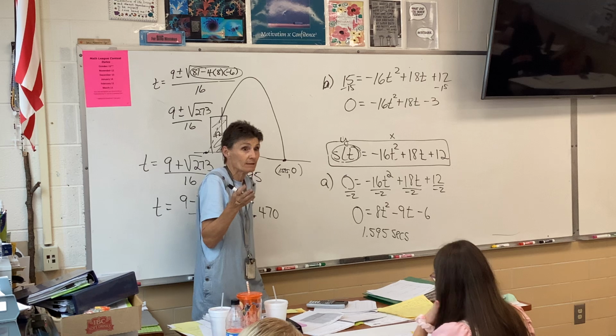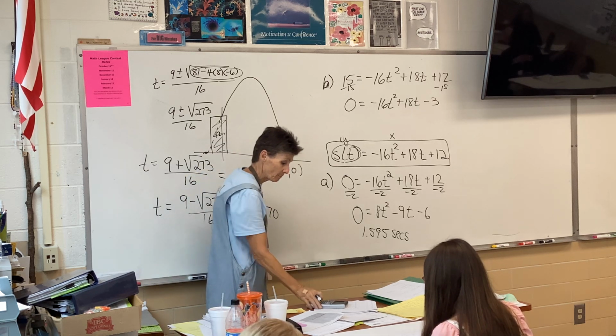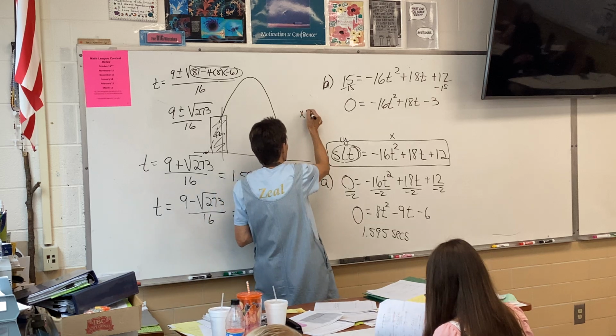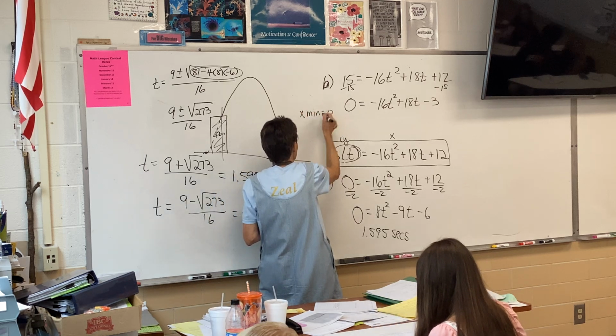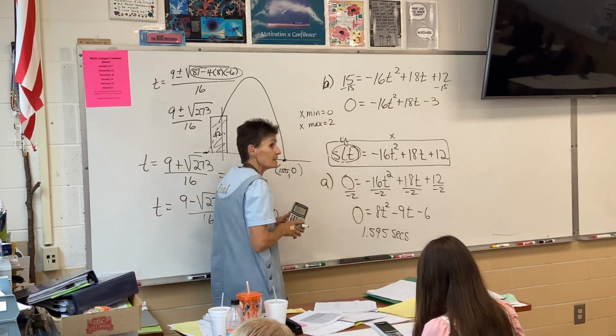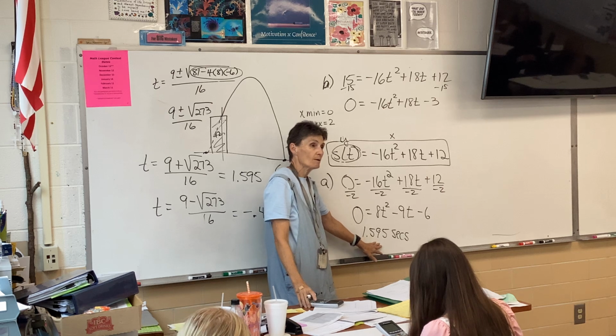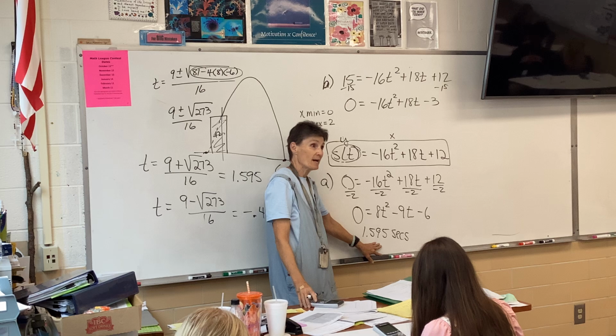If you're gonna graph, great. Figure it out. I changed my window. So X min was 0 and X max was 2. Keep in mind, I already figured out it hit the ground after 1.5 seconds. So this ball is not in the air very long.